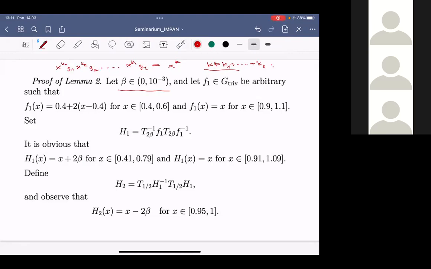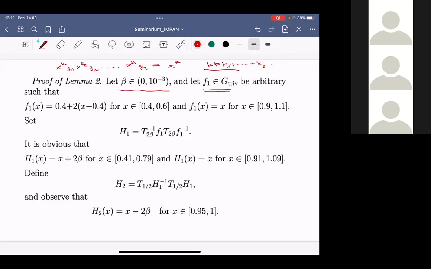And we take the function f1 from g3. We remember these are our functions which are equal to identity on some subinterval of 0, 1.